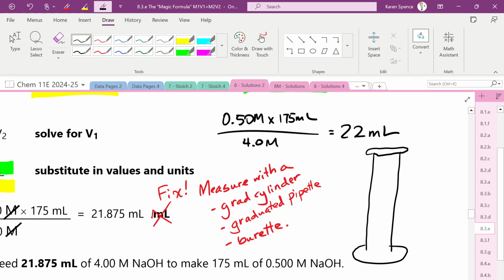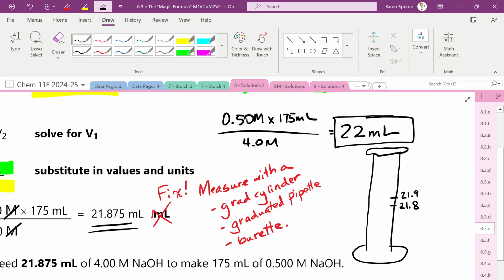That doesn't look anything like a graduated cylinder, but you're going to pretend. And let's say that each individual little marking is 0.1 mils. Okay, so this here would be 21.9, and this would be 21.8. Yes? Would it make sense to use this cylinder to measure 22 milliliters when our actual answer is 21.875?